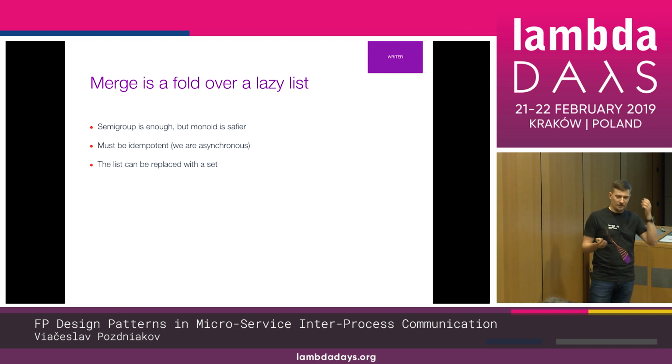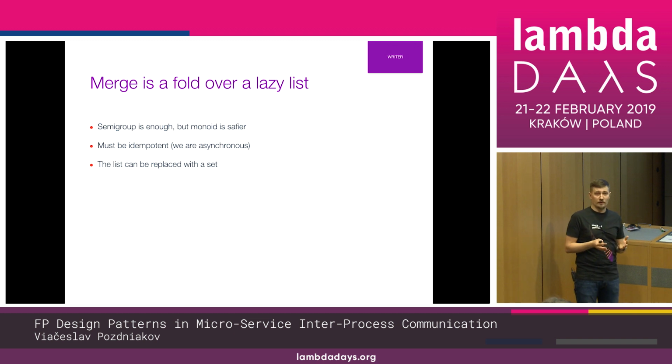So what about merge? What is a merge? Actually, I believe that merge is just a fold over a lazy list. Because what is a merge? You just take two things and you get one thing. Like you take two fire extinguishers and get a single fire extinguisher, for example. Yeah.